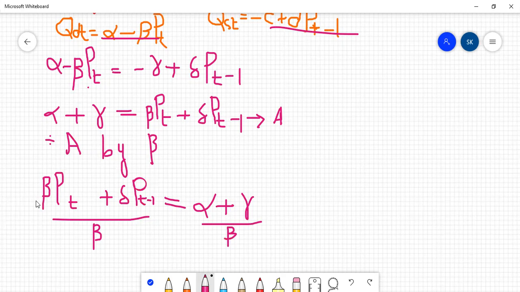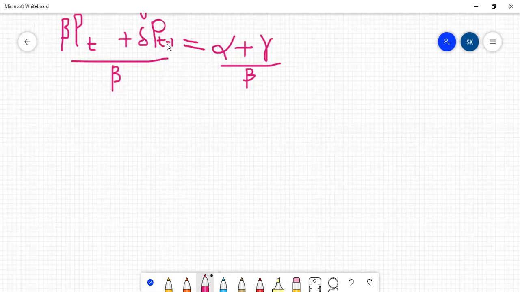So when we divide beta pt by beta over here, we get only pt. When we divide sigma pt minus 1 by beta, we get sigma upon beta into pt minus 1, and this will remain the same, that is alpha plus gamma divided by beta.